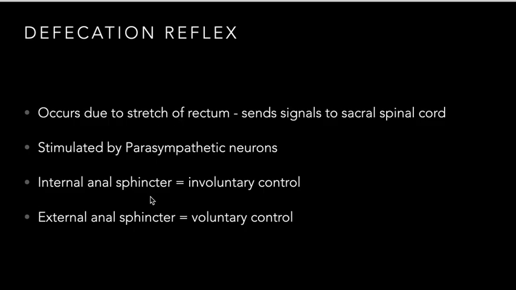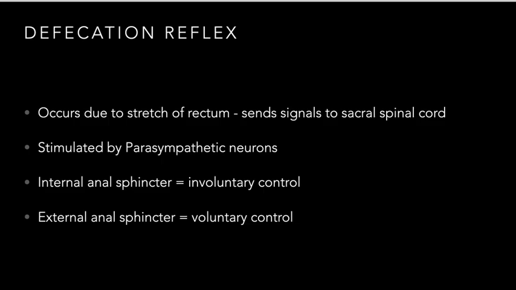And then the external anal sphincter, again, is under your voluntary control, which is going to have more of a skeletal muscle feature. Again, it's only going to be voluntary up to a certain point. At some point, if the involuntary signal is too strong, that external anal sphincter will relax on its own.